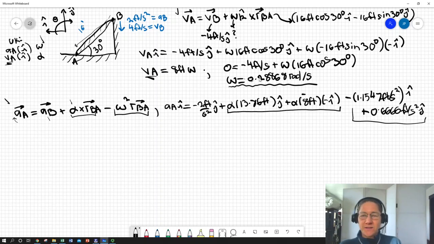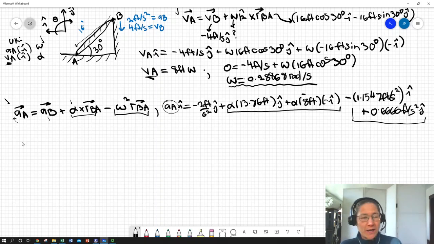So you square this and then you multiply it by these two, and then you put a negative sign in front. So now all that's left to do is collect i hat terms and set them equal to the magnitude of the acceleration at A, and then collect j hat terms and set them equal to 0, and then solve for a_A and alpha.